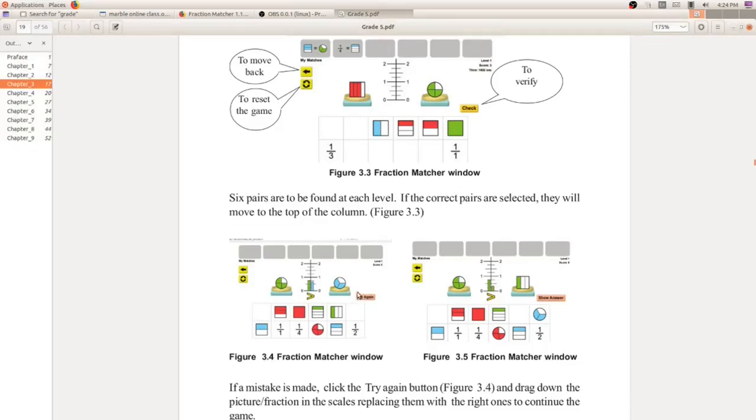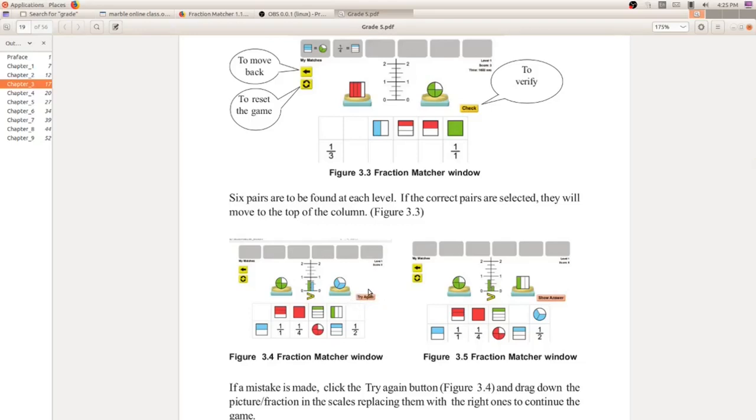How does this button appear? Suppose you have placed two fractions here and you click on the check button, and unfortunately it is the wrong answer. What will it show? This button will be shown, try again. You can try one more time. That is the meaning of this try again button.